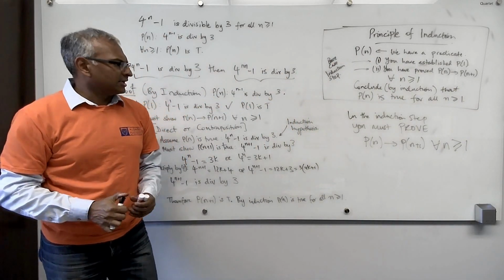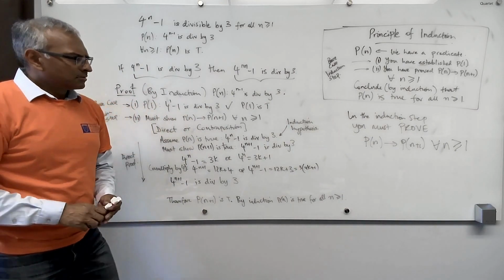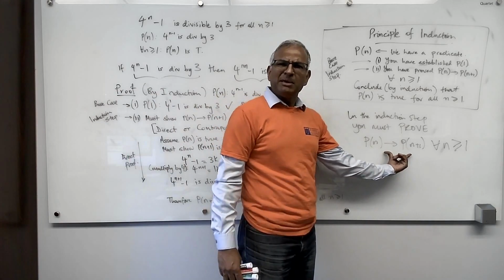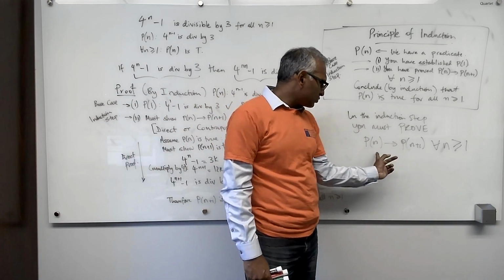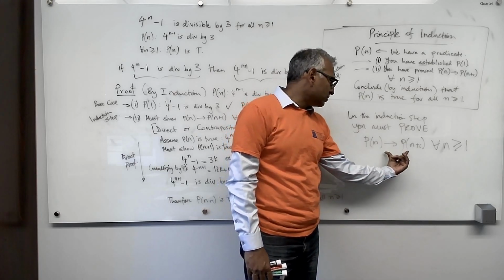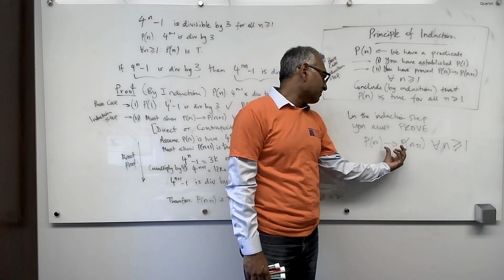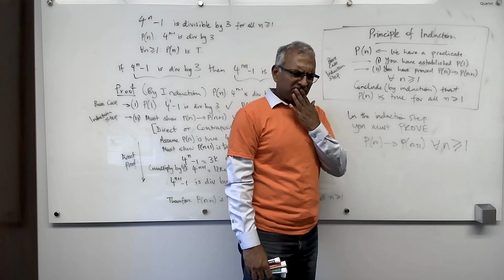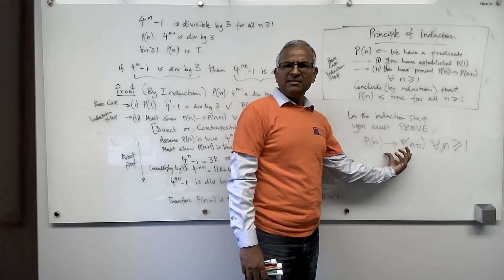For all n greater or equal to 1. Okay. So, in other words, effectively I'm proving infinitely many things. For n equals 1, I have to prove this implication. For n equals 2, 3, 4, 5, 6, and so on. And the way I do it is by not making any assumptions about n, by treating n as a general n. Okay. And then you might wonder, well, so I have to prove infinitely many things.